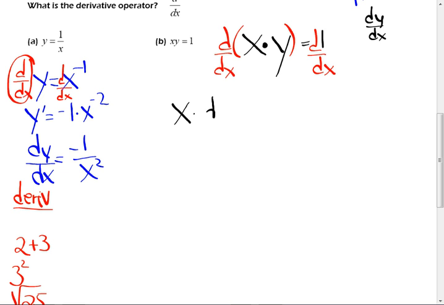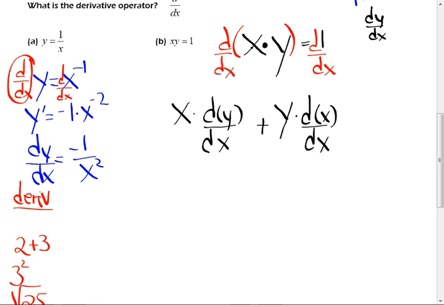Well, it's the derivative of y with respect to x. Hang on. Let's not simplify yet. Let's just write it. This is my plan. Okay? Plus this one times the derivative of the first one, the derivative of x with respect to x.